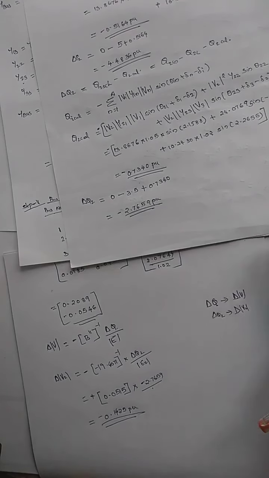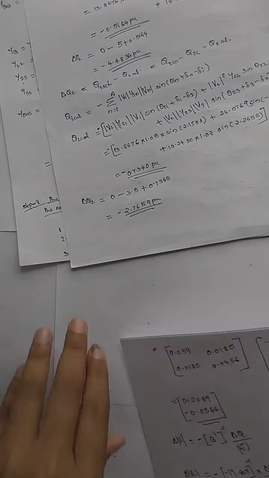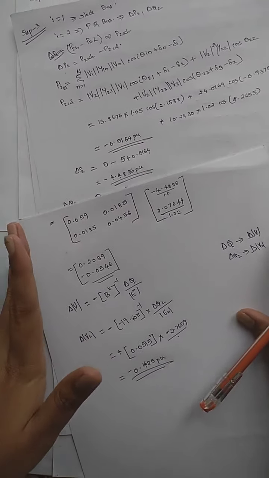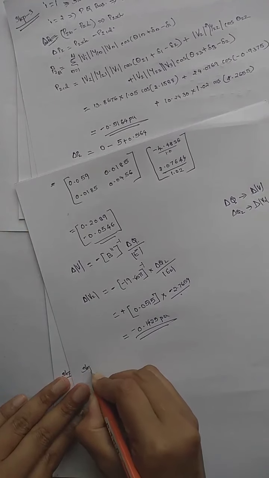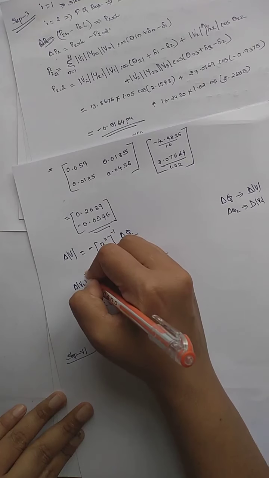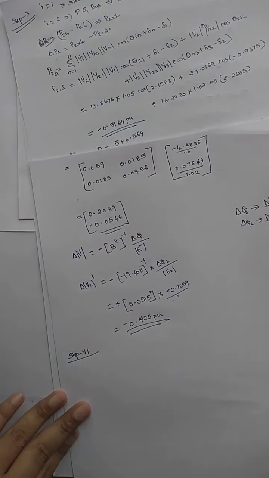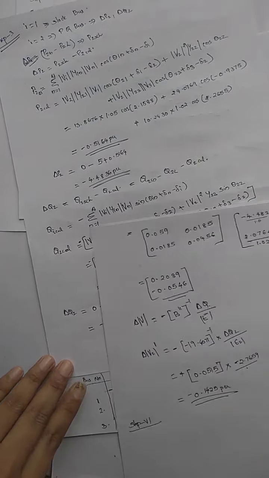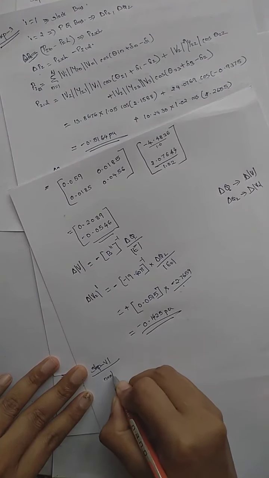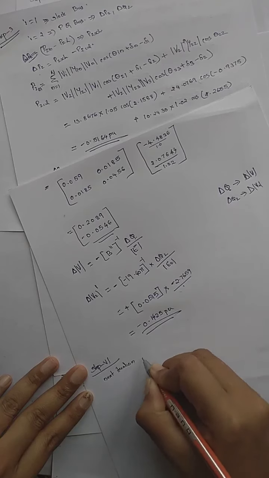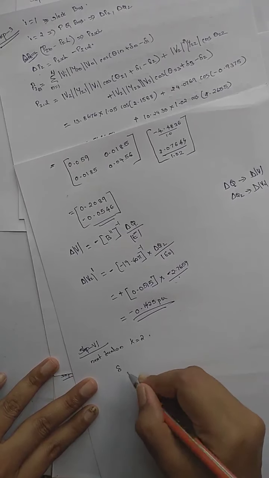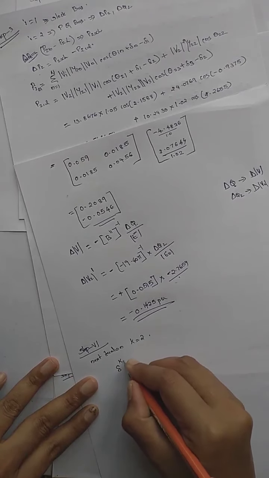Next what we have to do, so we have completed our step 5 also, and next we have to complete our step 6, that is the value for the next iteration. So this is my kth iteration, so first iteration, or sometimes we can take it as 0 also. So I am taking k as 1. So for my next iteration value, that is k equal to 2, I have to find out my delta k plus 1, isn't it?